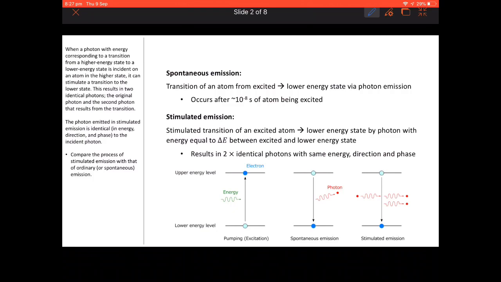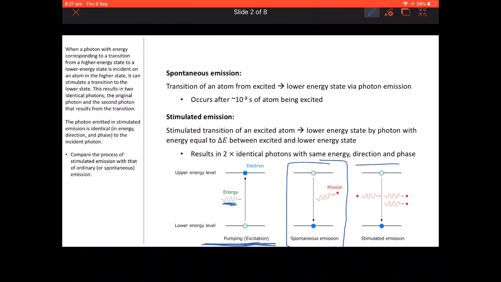In our diagrams here, this is when the electron becomes excited: the atom is in its excited state, so that's just some energy that the electron absorbs, and then it moves up to its excited state. This here is spontaneous emission, where after about 10^-8 seconds, a photon is emitted, and the electron moves back down to its ground state or lower state.